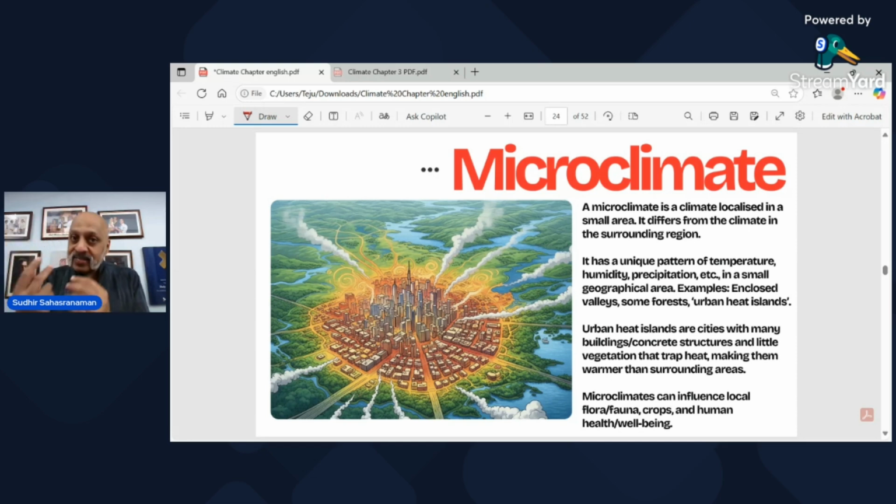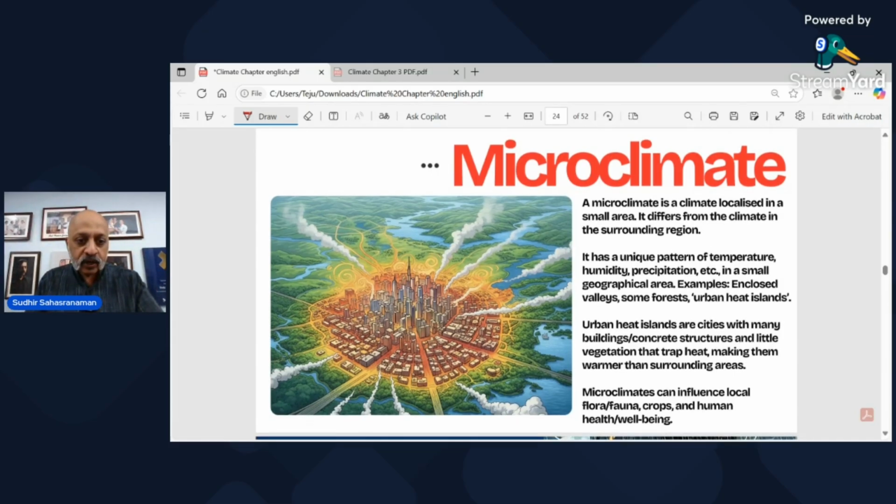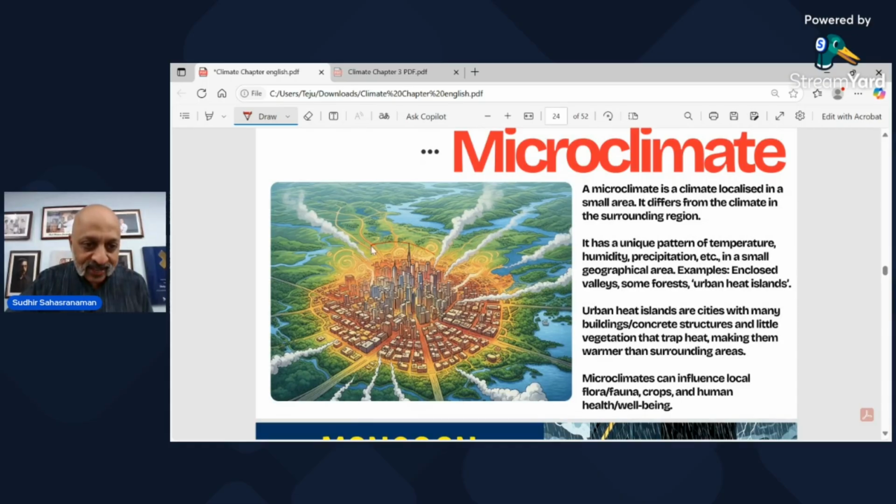So microclimate is the climate which is localized in a small area, and it differs from the climate of the adjoining region. In this illustration you are seeing the entire city. Because there is so much congestion, construction, and pollution from vehicles and factories, you can see the smoke blowing out. So the microclimate of this circle in between will be at a much higher temperature compared to the greenery you can see on the outskirts.